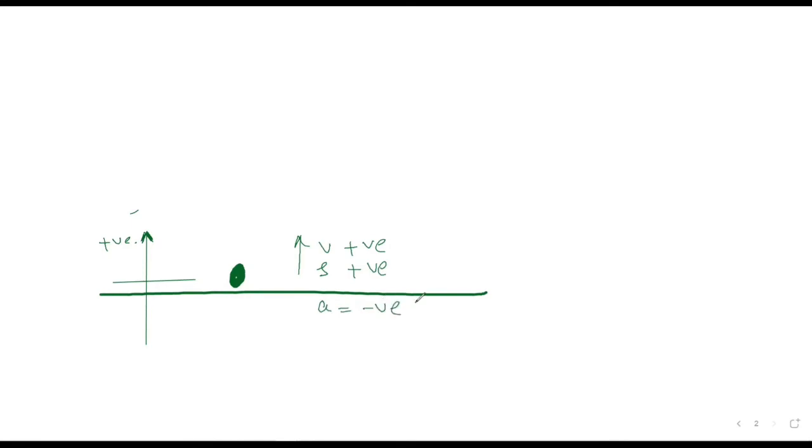What he is suggesting is that you change the framework, where the downward direction is positive.